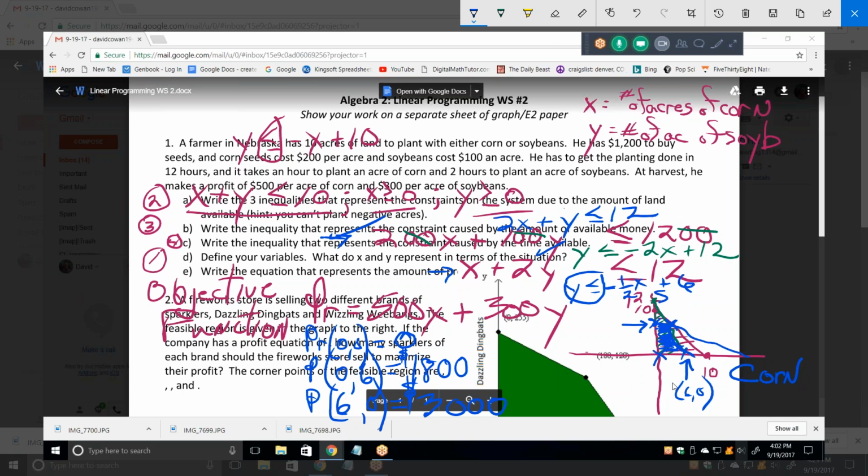Okay, so the last point we have to test, and this is usually where your maximum comes from, is on one of these vertices that you have to solve for. Now, the vertex of the point that I just pointed at is where the green line equals the blue line. Okay? So, let me go here and let me do the green line properly.